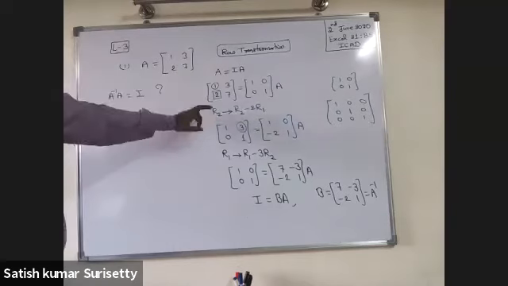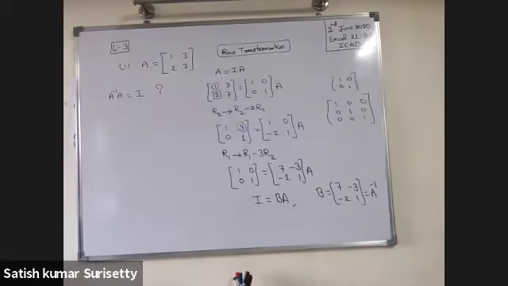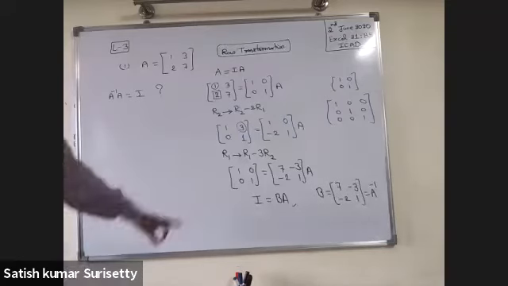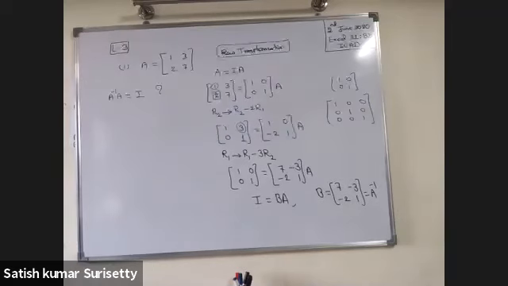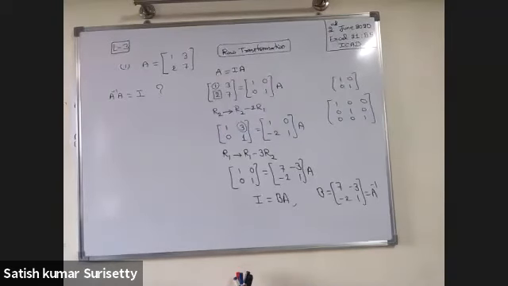So apply the operation R2 to R2 minus 2R1. Next, after making 0, A22 is 1. Now you make the element above it 0 by applying the operation. And after that, verify.